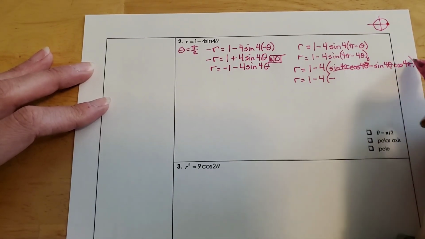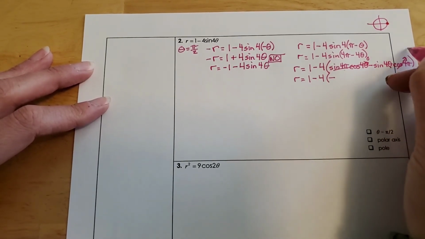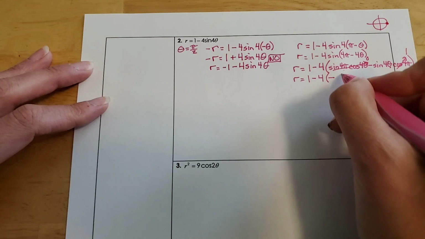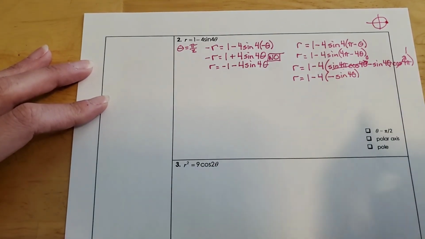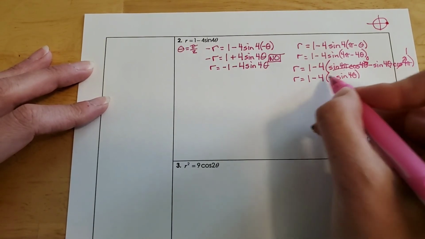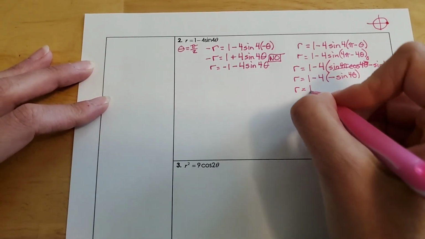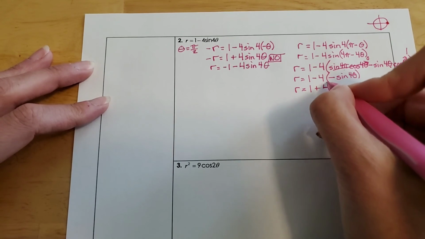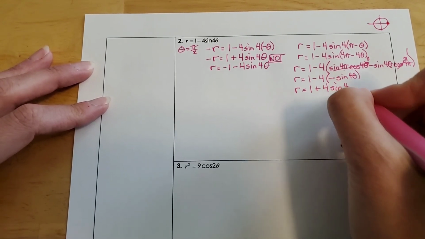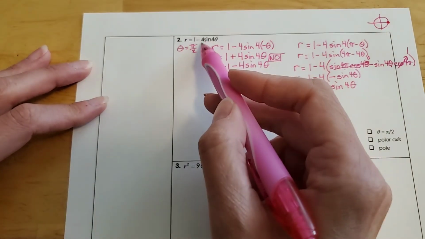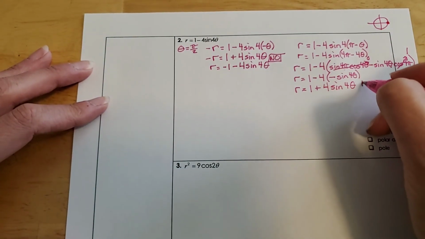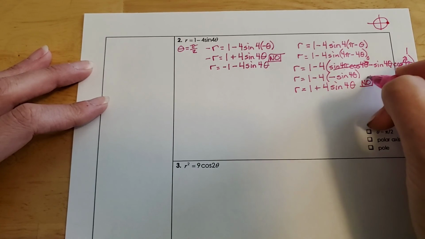The cosine of 4 pi is 1. So this piece is just sine of 4 theta. And then our negatives, when we multiply those, we get 1 plus 4 sine of 4 theta. Now, that's a lot of good work, but unfortunately, it is not what we wanted. So it did not pass that test.